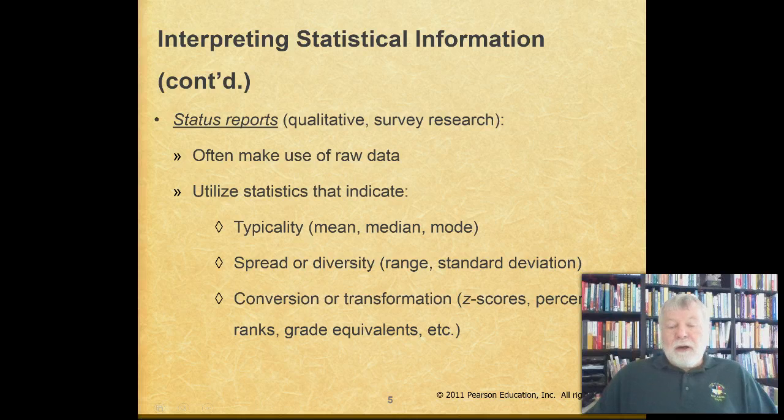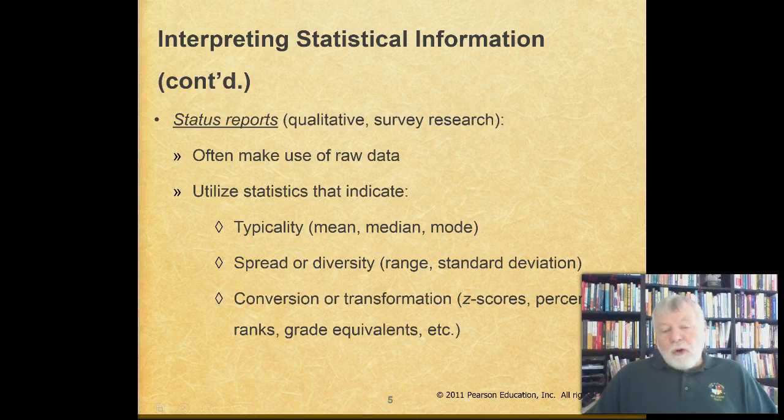The last form of descriptive statistics is what is called conversion or transformational scores. Some of the common ones you are familiar with are percentile scores. If you had to take a standardized test like the Miller Analogies Test to be admitted into grad school, these types of scores are oftentimes reported as percentiles.